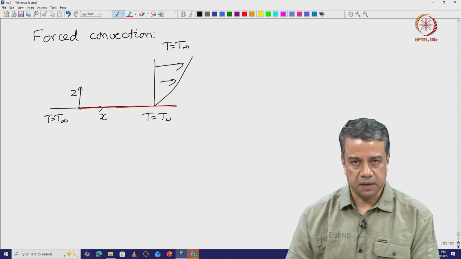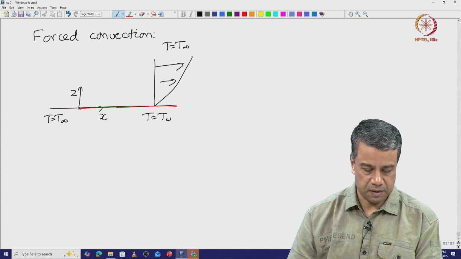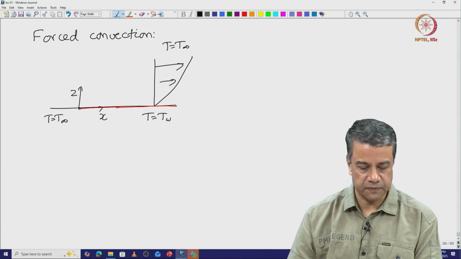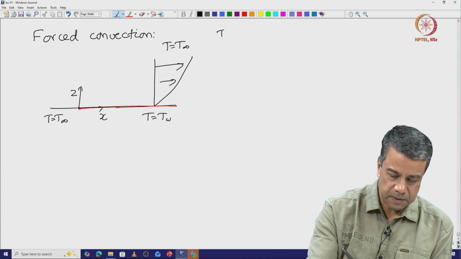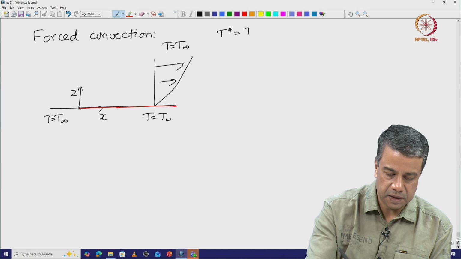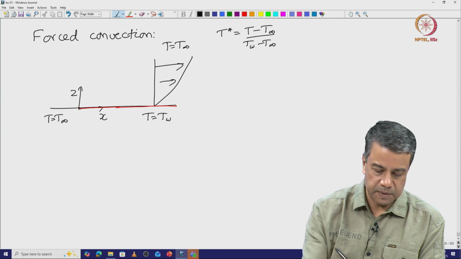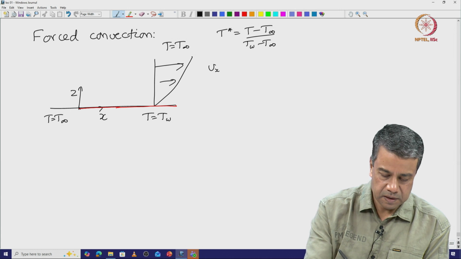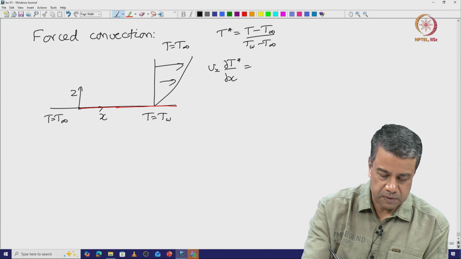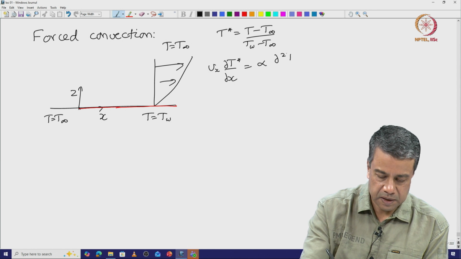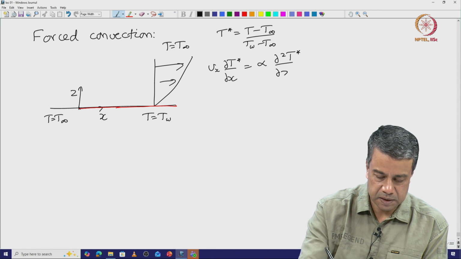So, the equation for the temperature field, we defined the scaled temperature field as T star is equal to T minus T infinity by T wall minus T infinity. In this case, the equation became Vx partial T star by partial x is equal to alpha d square T star by partial z square.